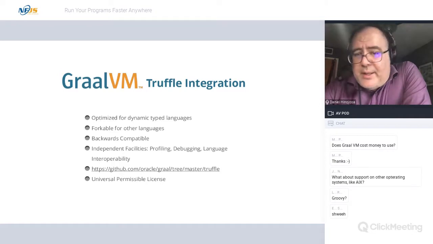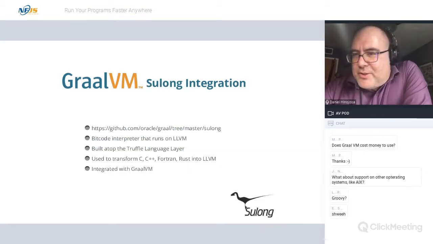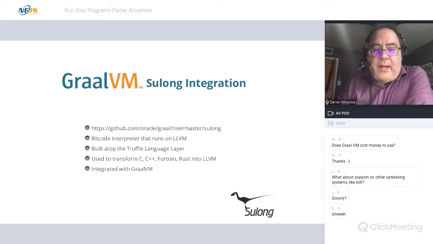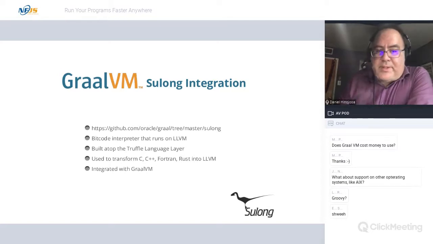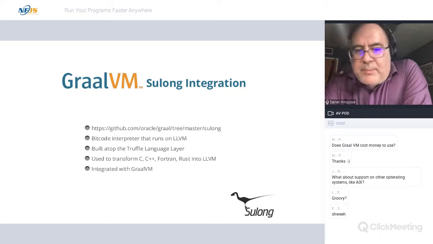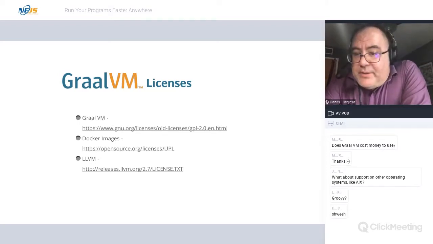Truffle is used at this particular address, and it uses an open source Universal Permissive License. I had a hard time getting that one out. Sulong makes the LLVM translation happen. It is an interpreter built atop the Truffle language layer and used to transform all these languages like C, C++, Fortran into that LLVM.